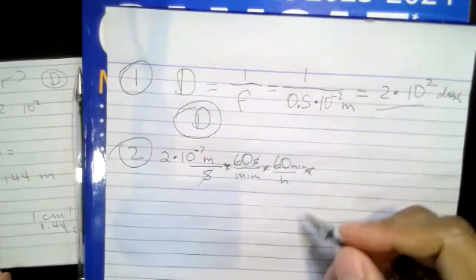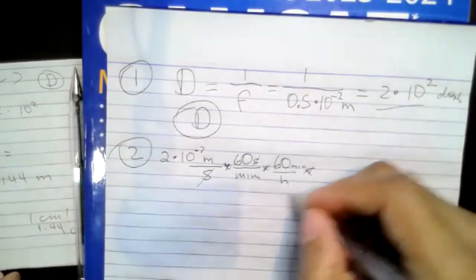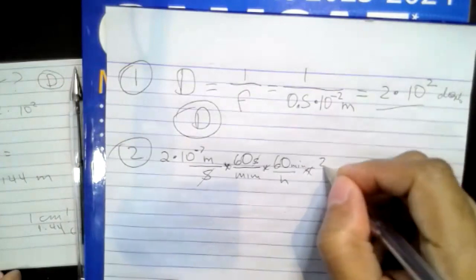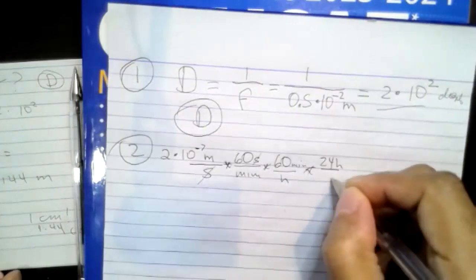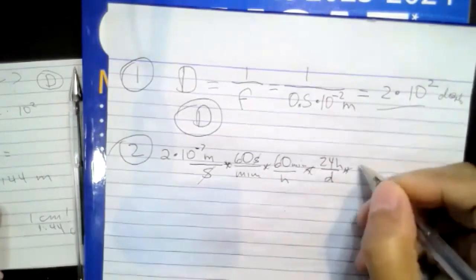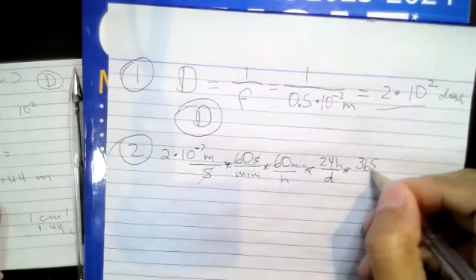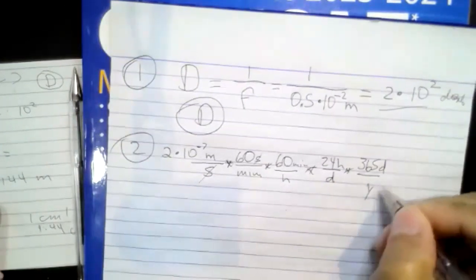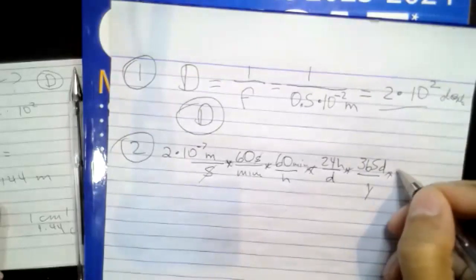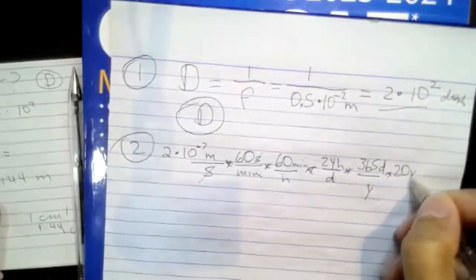So this is what I would still counsel you to do. And then get rid of the hours, because we know 24 hours are in a day, and then get rid of the days, because 365 days in a year, and then get rid of the years because it's 20 years.